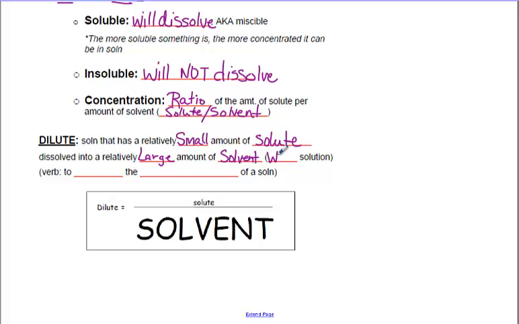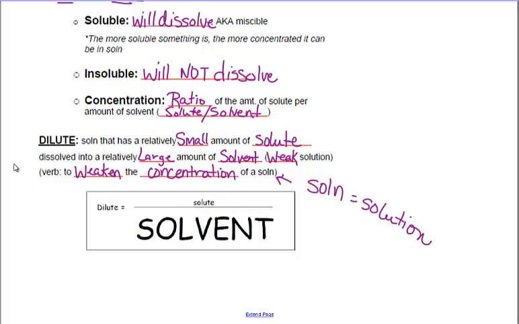This would be considered a weak solution, and the verb to weaken the concentration of a solution. Now notice I abbreviated, okay? S-O-L-N. When you see I write that, it means solution. Okay, it's just a little easier than writing out the word every time. So here, dilute equals little solute versus lots of solvent. Notice, little amount of solute, lots of solvent.